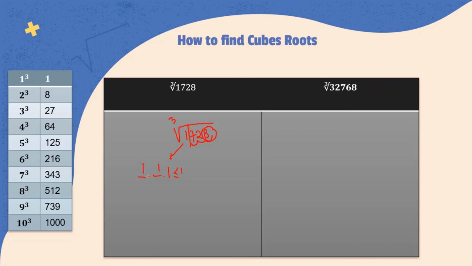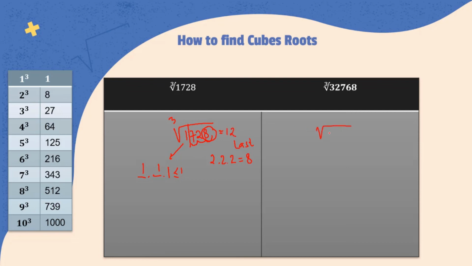That's 1. 1 times 1 times 1 is equal to 1. And what number has the last digit 8? That's 2. 2 times 2 times 2 has the last digit 8. So the cube root of 1728 is 12.